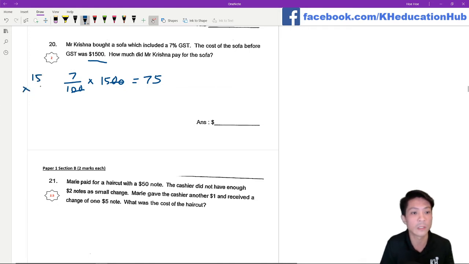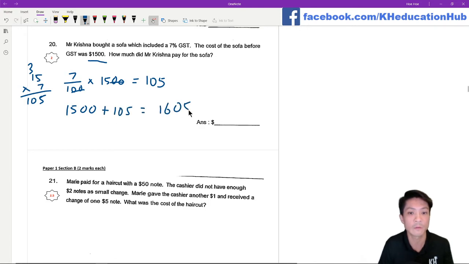Let me just make sure it's correct. Sorry, it's 105. I'm gonna erase these. Okay, so you just add it in. 1,500 plus 105 will give you $1,605.